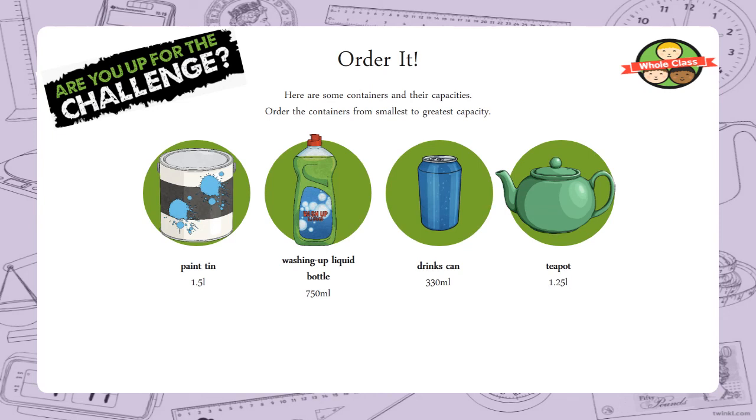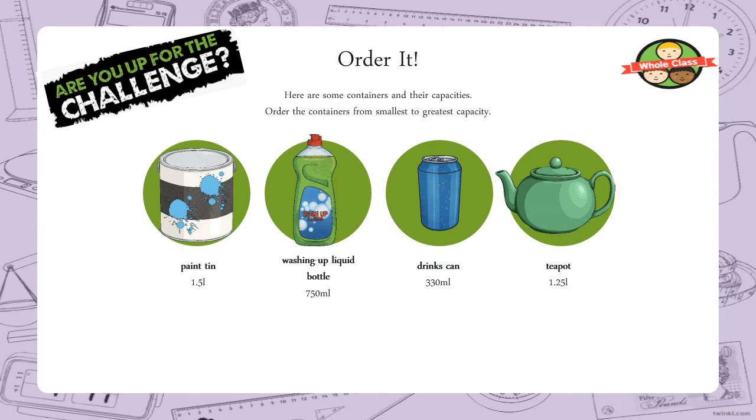First, let's read the capacity for each one. First one for the paint tin is 1.5 liter, then 750 milliliter, 330 milliliter, 1.25 liter.